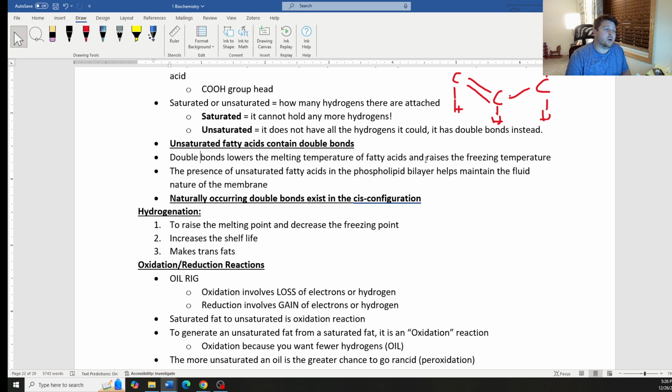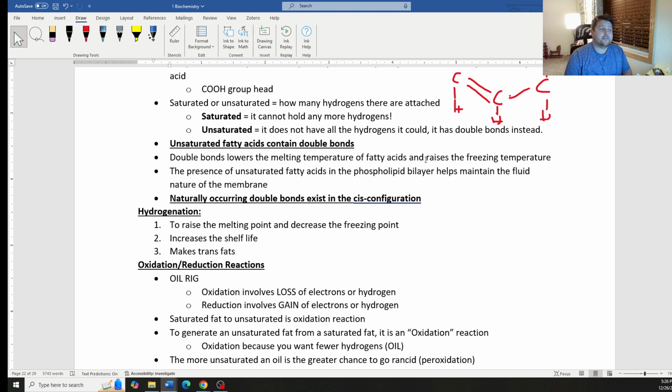It has a higher freezing temperature. Thinking in terms of freezing point gets a little bit confusing, so base it off of temperature. Temperature is typically what they'll ask, and it's a little bit easier.